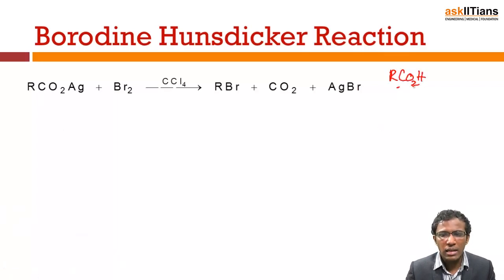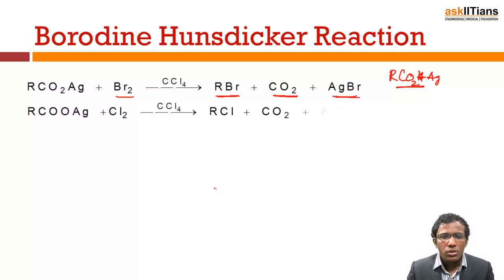When it reacts with a base, the hydrogen will be gone and silver will be there. This silver salt of carboxylic acid will react with bromine in presence of CCl4, carbon tetrachloride solvent, which yields alkyl bromide, CO2 gas and AgBr as the products.